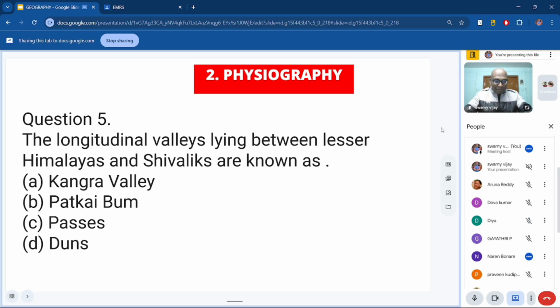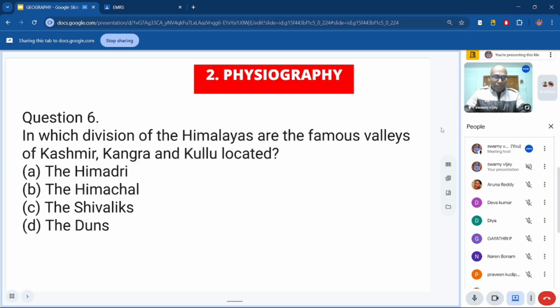I'm thinking it is Patkai Bum. Others also try. Shivaliks is the lowest layer of Himalayas and then the Lesser Himalayas. So in between, what range? Kangra Valley or Patkai Bum or Passes or Dunes. Passes is not correct. Dunes are also not correct. Find out. Okay, let us go to the next question.